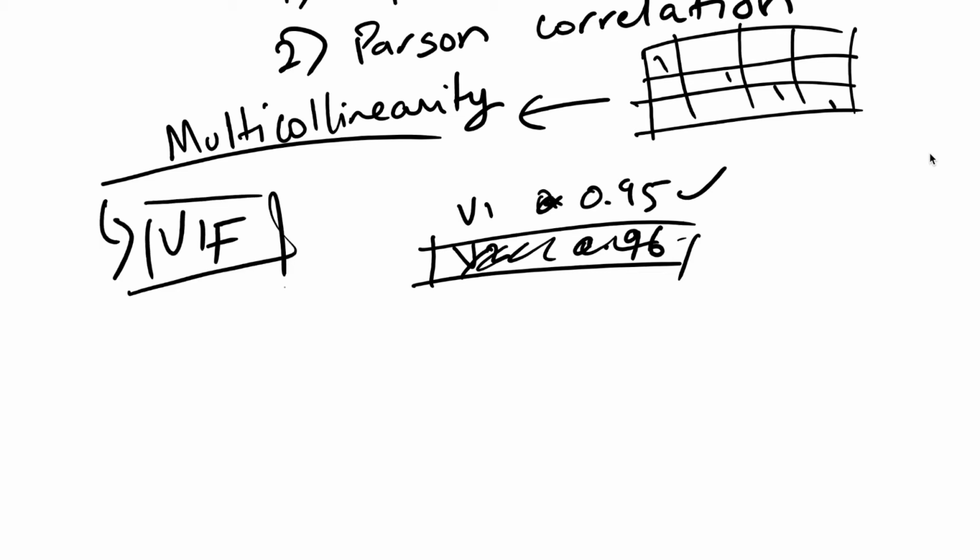You can also run a VIF test, which is a variance inflation factor, which could point out variables which are highly correlated, and that way you can leave out highly correlated variables from the subset.